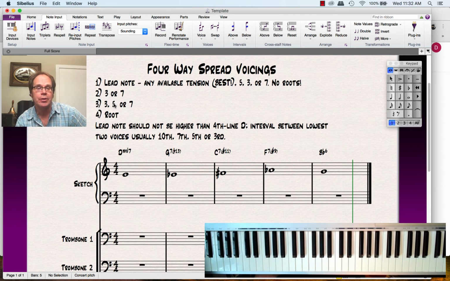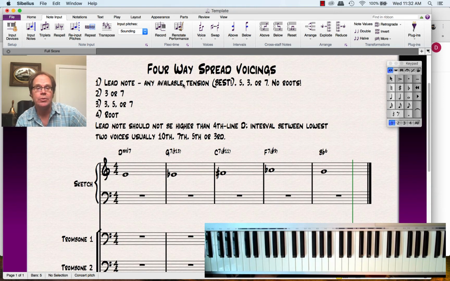Notice here there's the option of the fifth in the third voice. And remember, if we go back to our lower interval limits, a natural fifth interval can go pretty low down. That's one of the reasons why that fifth is there. But once again, for the second and third voices here, I generally like to have either the third or the seventh.